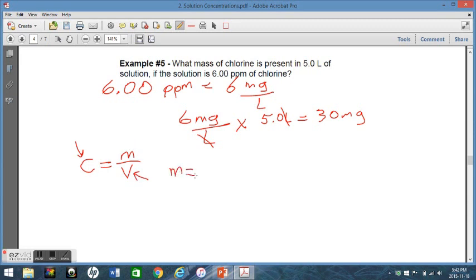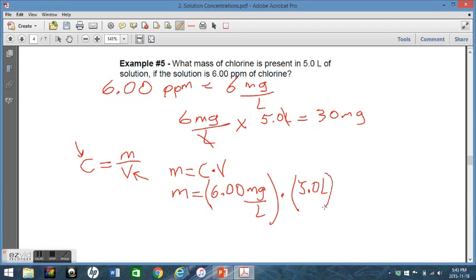So mass is equal to concentration times volume. This is the second method of doing this. Mass is equal to 6.00 milligrams per liter times 5.0 liters.